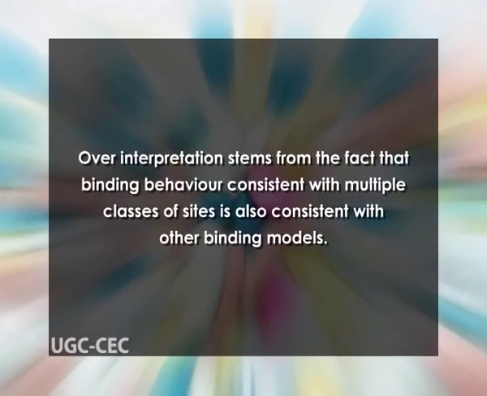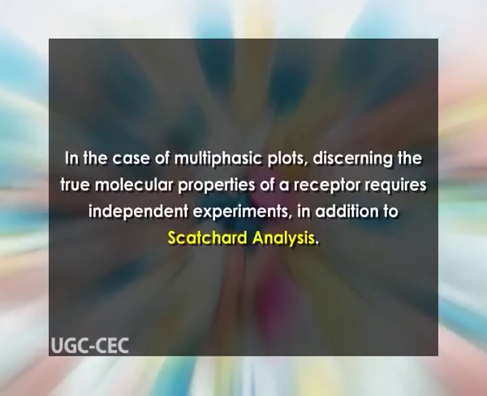Another source of overinterpretation stems from the fact that binding behavior consistent with multiple classes of sites is also consistent with other binding models. In the case of multiphasic plots, discerning the true molecular properties of a receptor requires independent experiments in addition to Scatchard analysis.